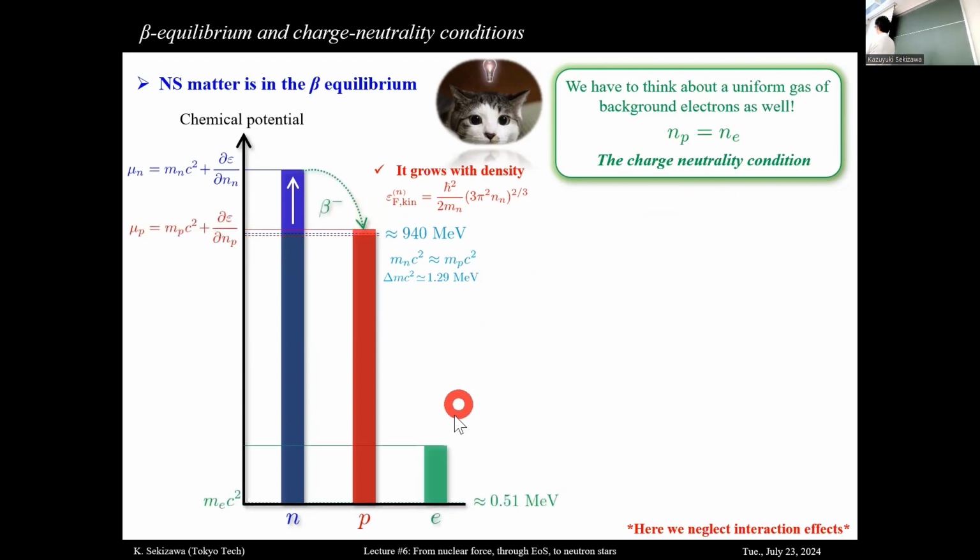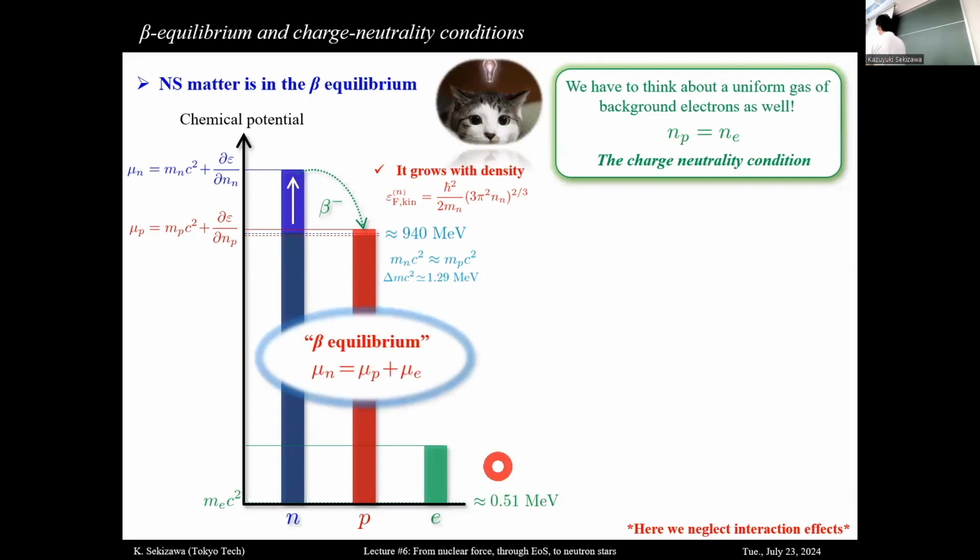Now we have electrons, but please be careful that the electron's rest mass is much smaller than those of neutrons and protons. It is just 500 keV, so the rest mass energy is somewhere here. And we have the electrons' kinetic energy, the Fermi energy, determined by this condition.